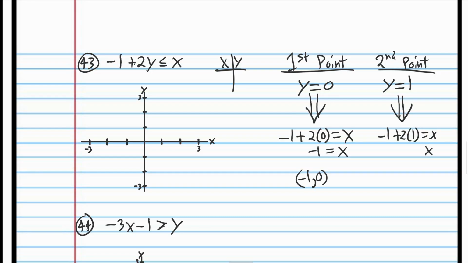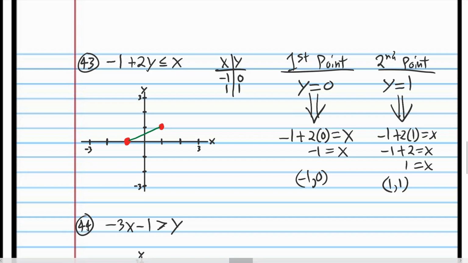And we get 1, 1. So let's put those points in our table and plot them. Negative 1, 0, and 1, 1. And we have less than or equal to here, so we can make a full line.